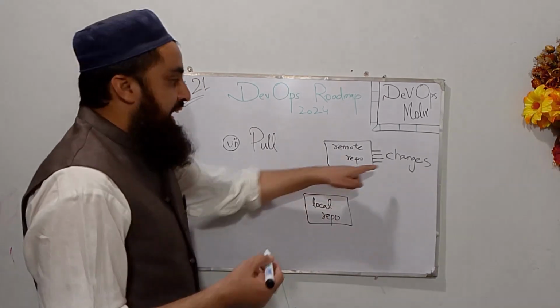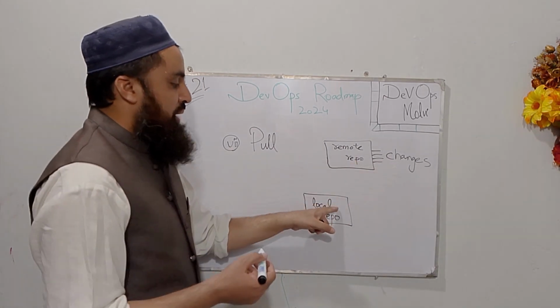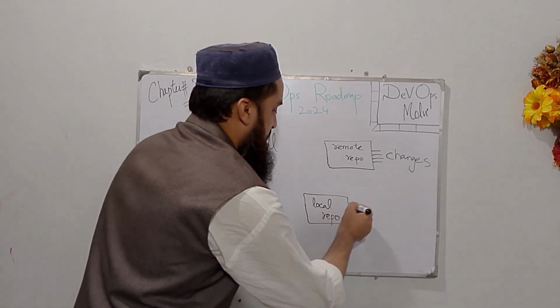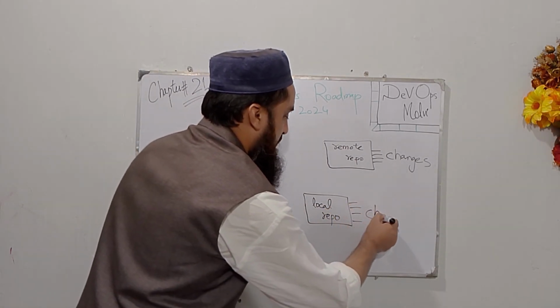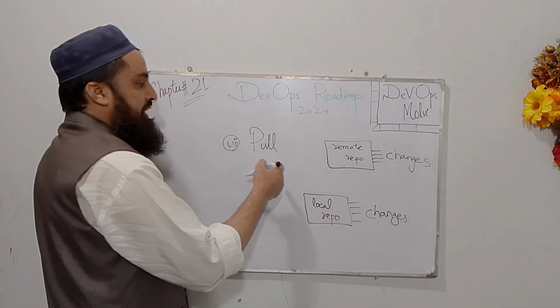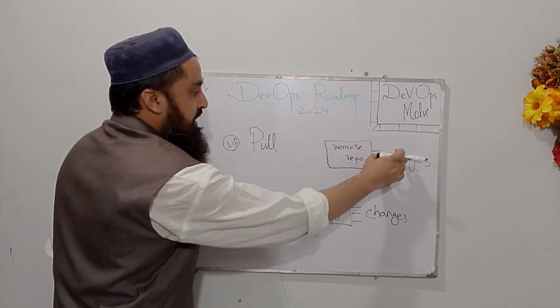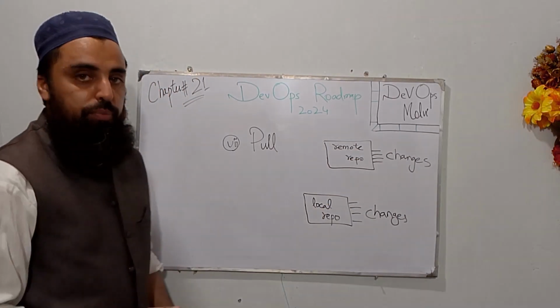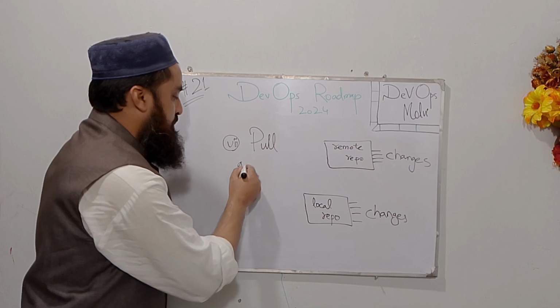How can I get all these changes on my local repository? I will use git pull and I will have all these changes on my local repository. So pull means to get the changes from a remote repo onto my local repository. We will use the git pull command.